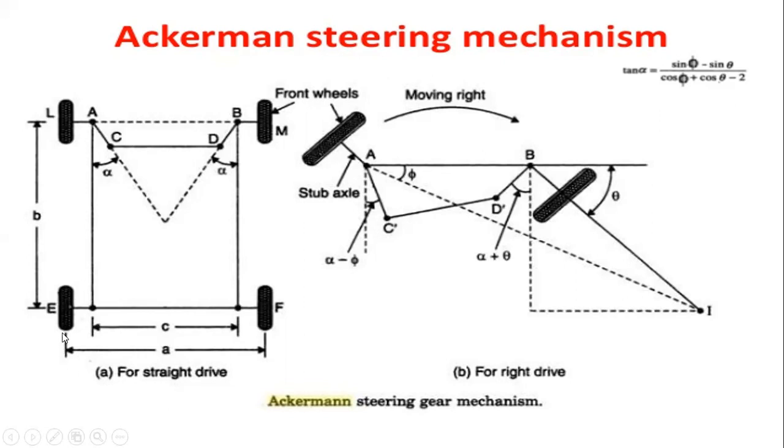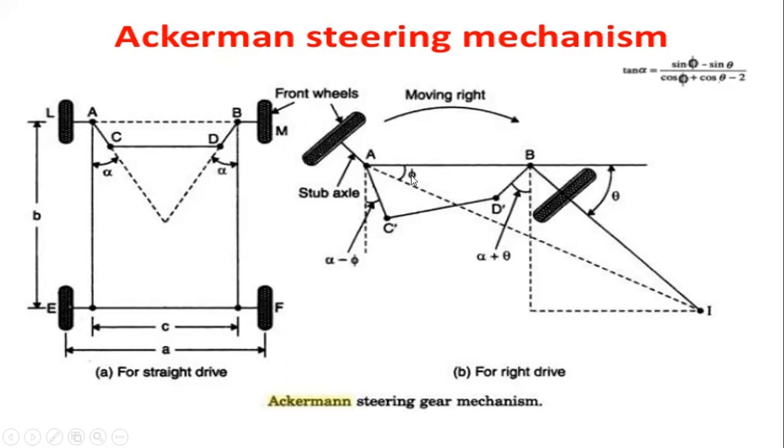The distance between the two wheels can be taken as small a for the straight drive condition. When the automobile is turning to the right side, the stub axle moves to the right and is turned through an angle theta. The inner wheel has to turn more than the outer wheel.